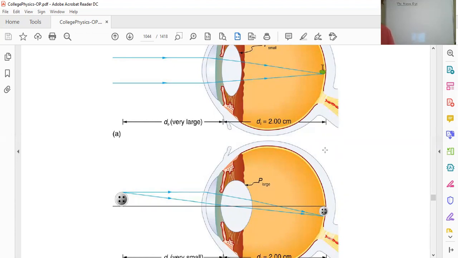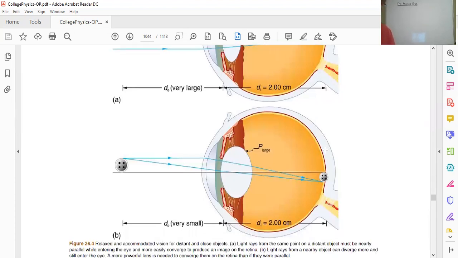And again, in both pictures, we see that d sub I is a constant. You see light coming in from this near object, and it refracts, and again it images on the retina, which is what it's supposed to do. So the ciliary muscles will stress the lens, and so it's considered fully accommodated.